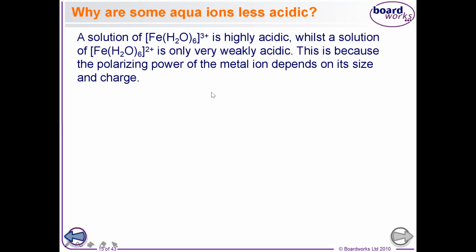This is because the polarizing power of the metal ion depends on its size and charge. So the acidity of the aqua ion solution will depend on the size of the metal ion, and also on the charge of the metal ion.